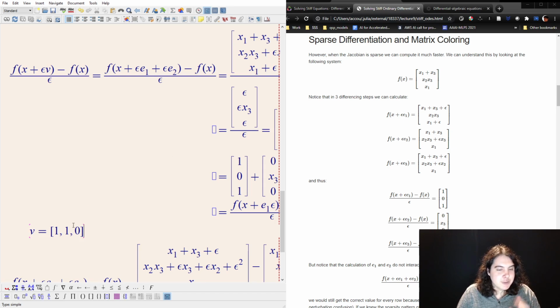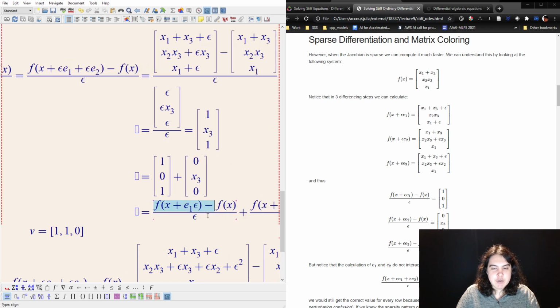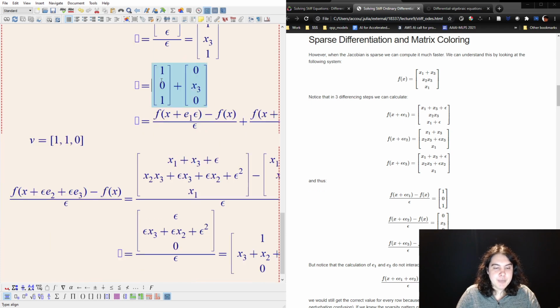So this is the directional derivative in the x direction and the y direction together in equal parts. It gives you both the derivative in the x direction plus the derivative in the y direction in a way that, if we knew the sparsity pattern, we can split the results back out.